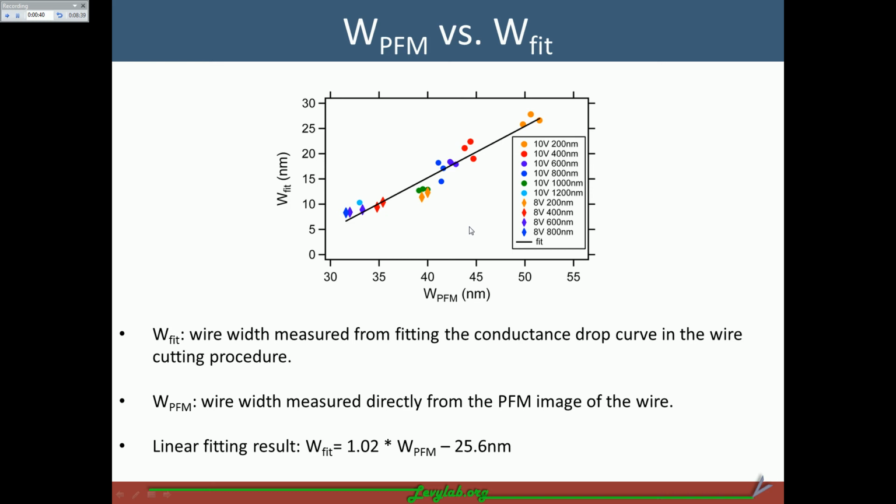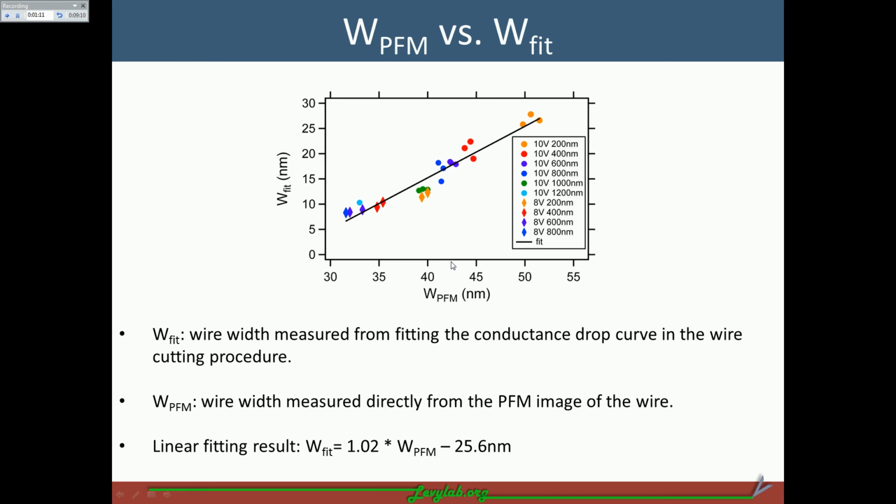And from this testing result, we can deconvolve the PFM image. Yeah, I think you can do this in a more illustrative way. So, for example, you could show a writing and a cutting, and then you extract that, and you get a certain number, and then on the other side you show an image where you get the width, and then you take those and you put one point on your graph.